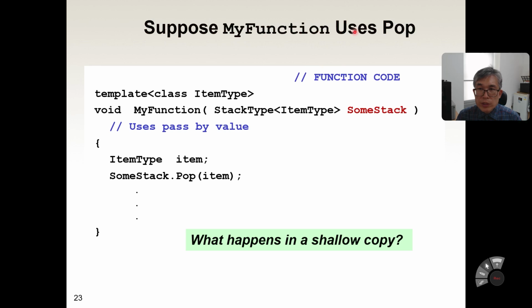Suppose my function uses a pop. My function takes a stack as a parameter using pass by value, that is call by value, and here we pop an item type from the stack. If we use the shallow copy case, what happens?